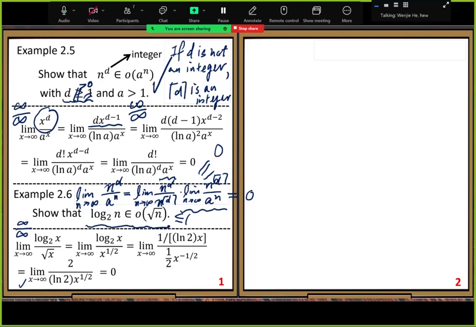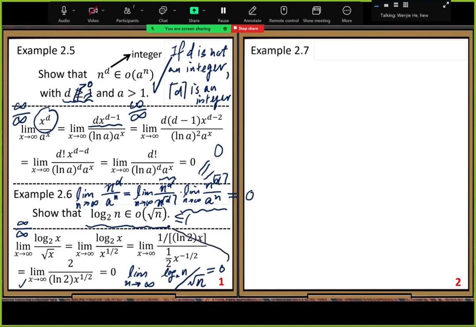Then by the limit definition, we can go back to the discrete version. When n goes to infinity, log base 2 of n over root of n equals 0. So that's the discrete version.